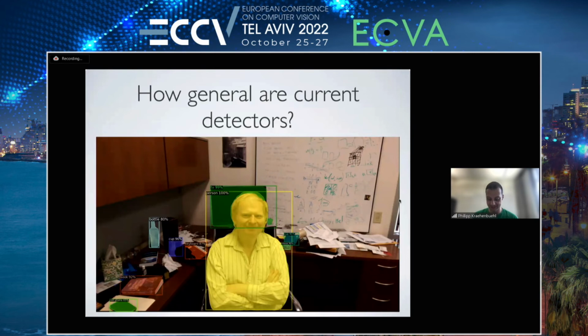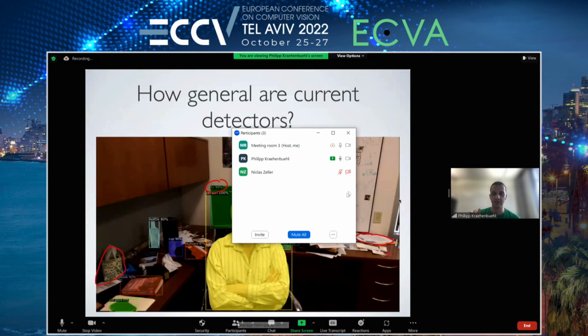You can even find this monitor in the back that's occluded with very high confidence. And segmentation looks quite good. Now the main issue is that we could actually detect a lot more objects in here. We could detect all of these papers here. We could probably detect a tissue box. The detector would be capable of doing this, but the detector does not know how to name these objects.